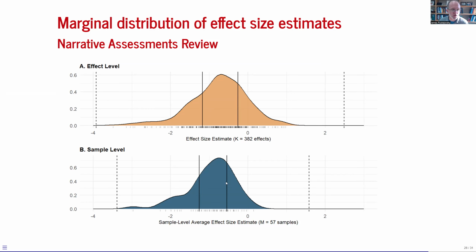This sort of thing you might use to look for outliers, maybe do Winsorization of big outlying effect size estimates. I've represented the fences for Winsorization using these dashed lines, but there were no outliers by conventional criteria here.